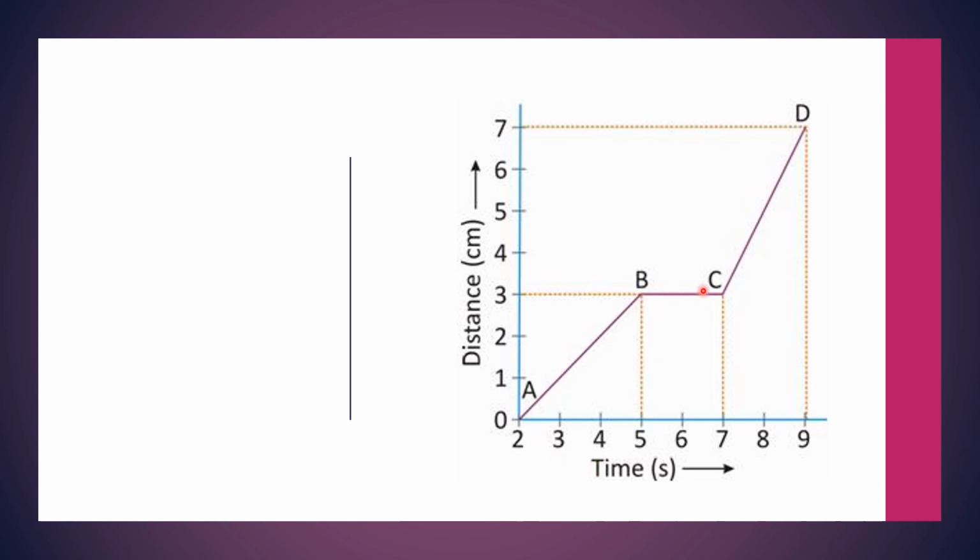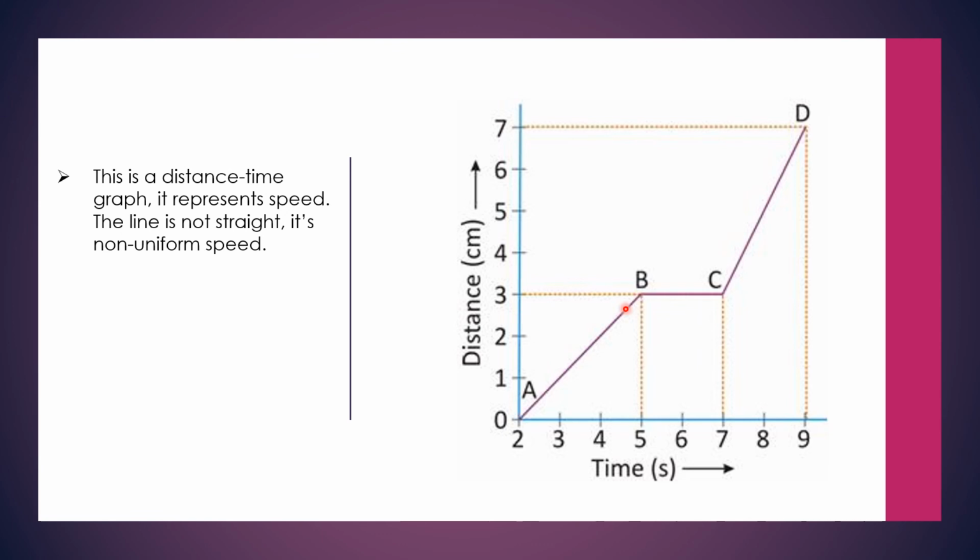As we see, we don't have only one straight line coming from the origin, which is this point. We see 3 lines here. So let's see. If this is the case, then this is a non-uniform speed. In the case of the non-uniform speed, it's total distance over total time. So let's see the distance.